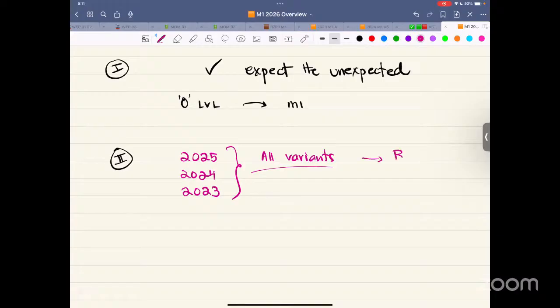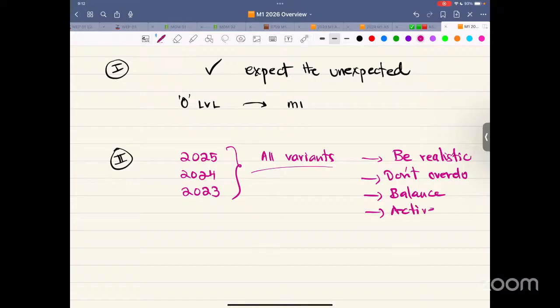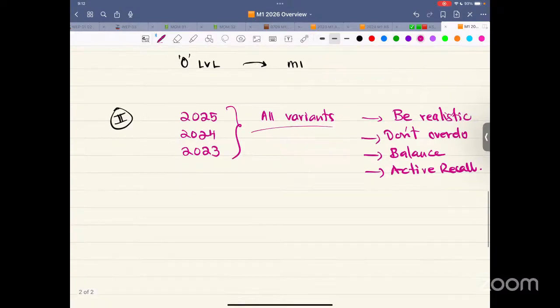So you have to be realistic and don't overdo things. Work with a balance. Use active recall. Whatever you remember, just try things based upon that, and improve on your basics. Show all the working.